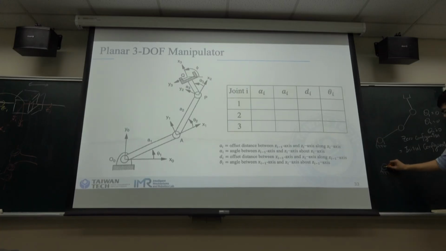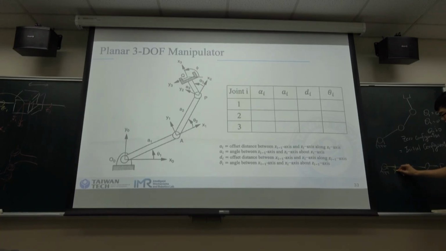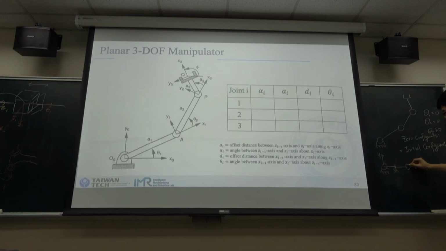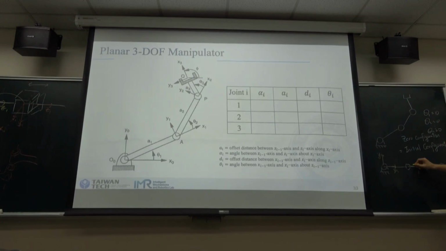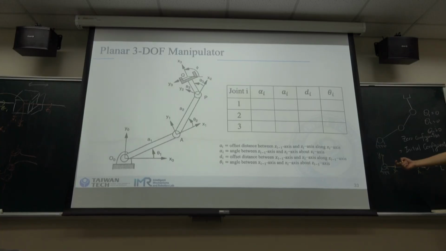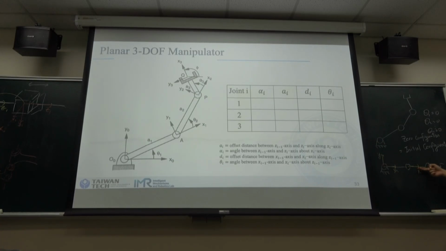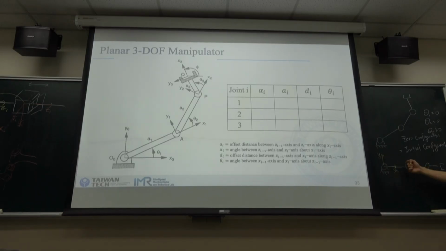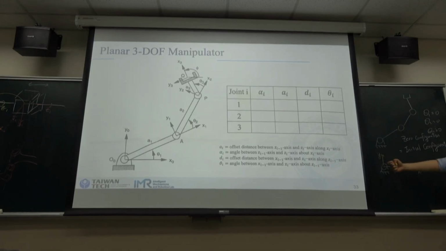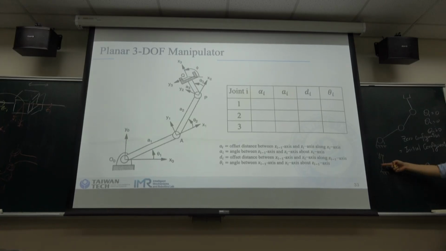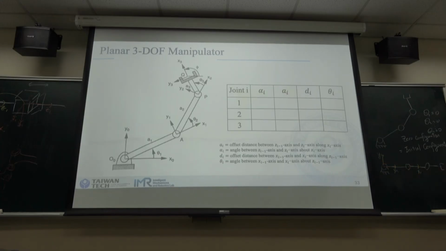And we can set the x1. The x1 axis is perpendicular to the z1 axis and z0 axis, and it intersects with the z0 axis.